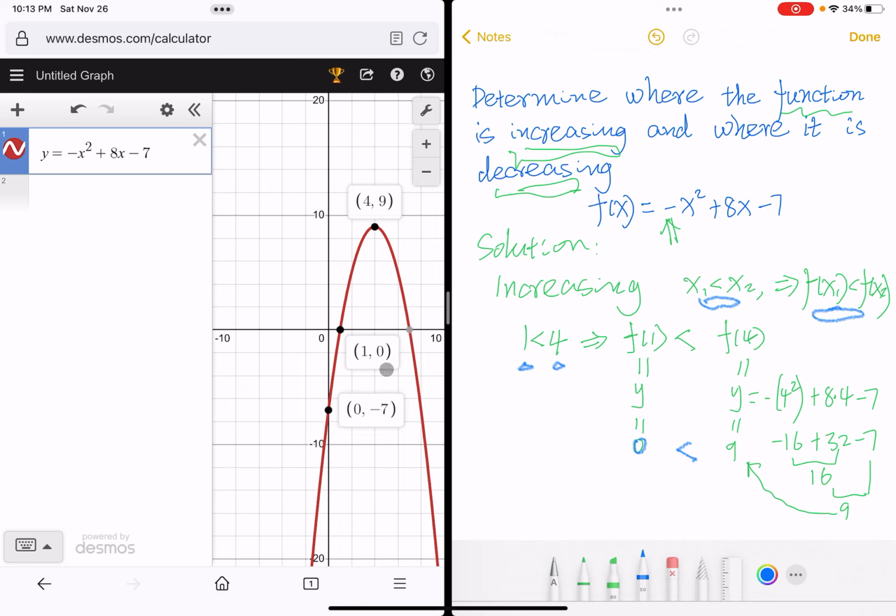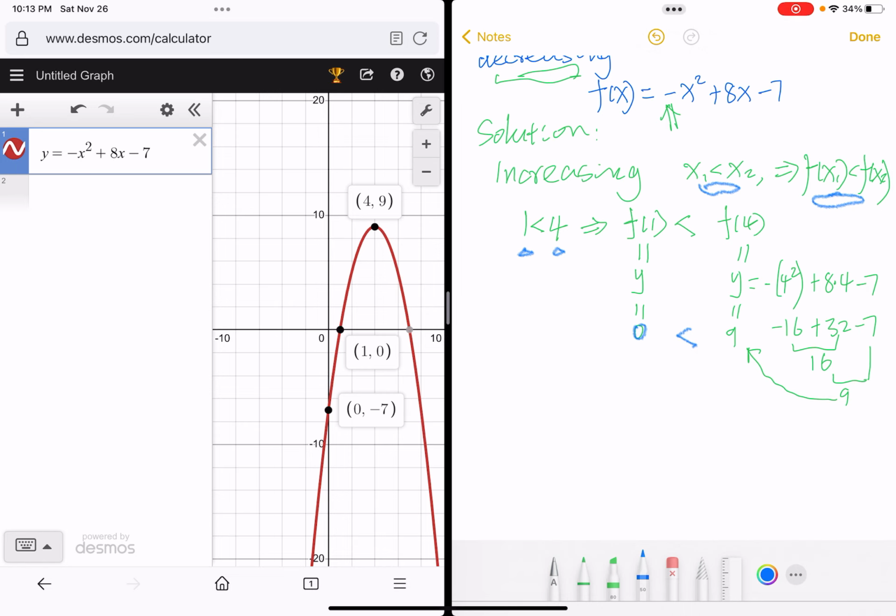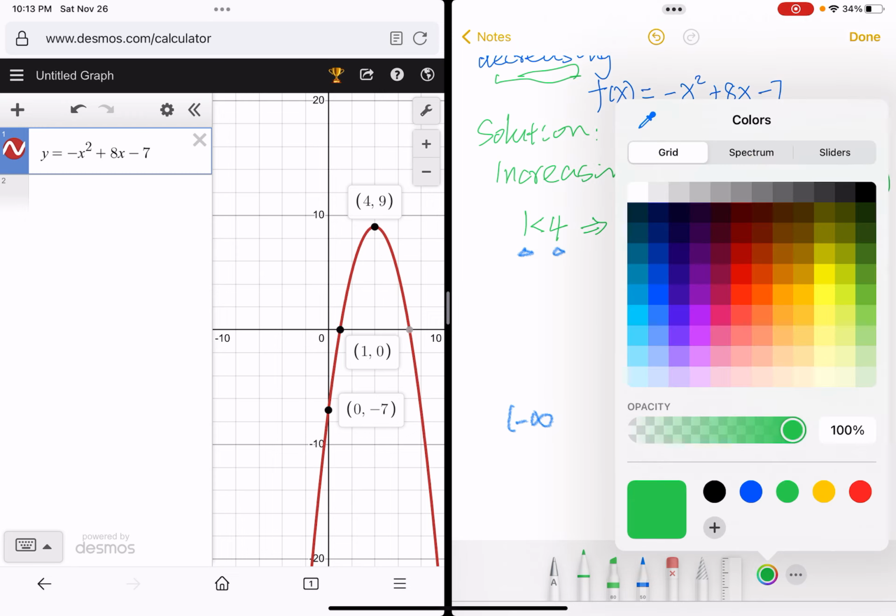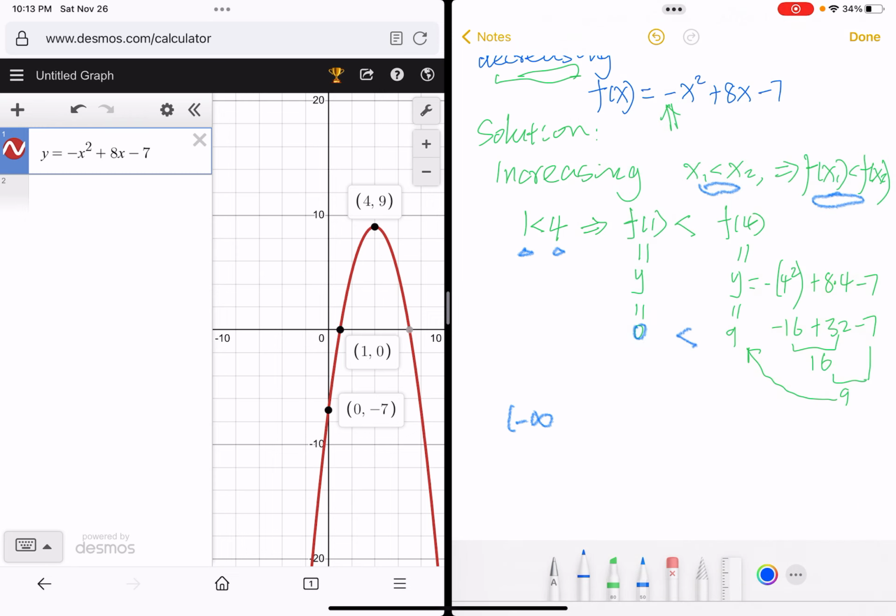So then where is it increasing, where is it decreasing? Then you may say from negative infinity to 4, in this interval, f of x is increasing.